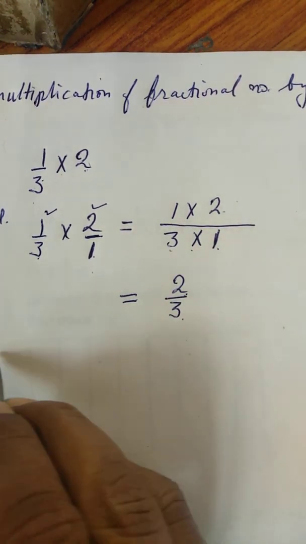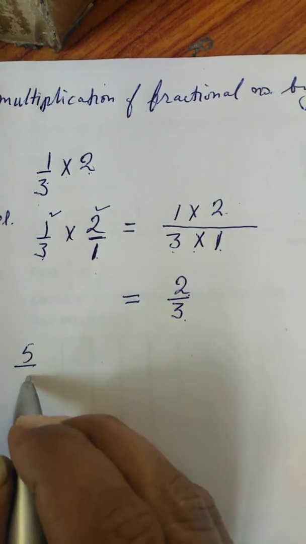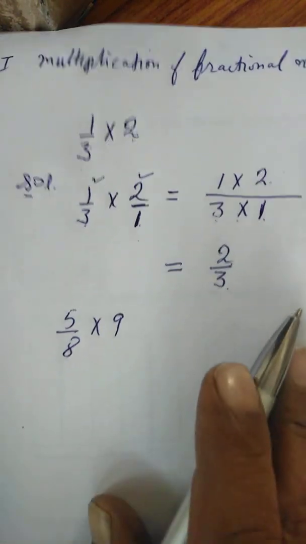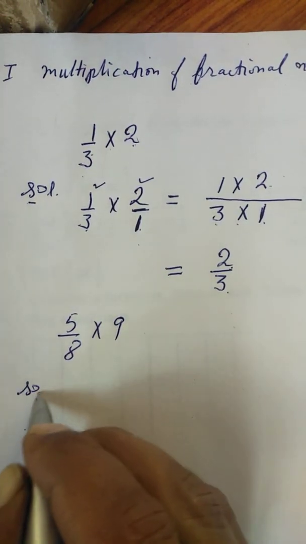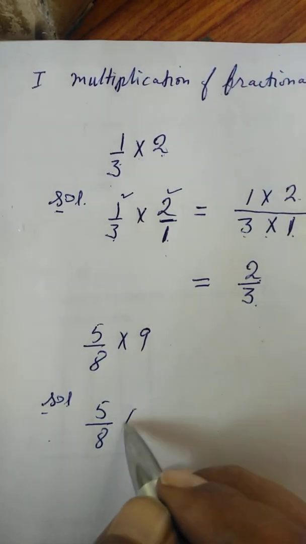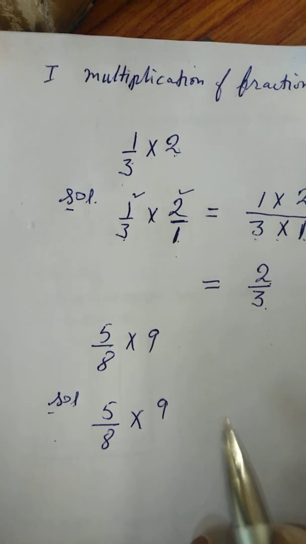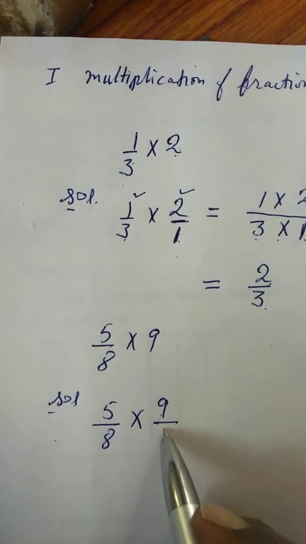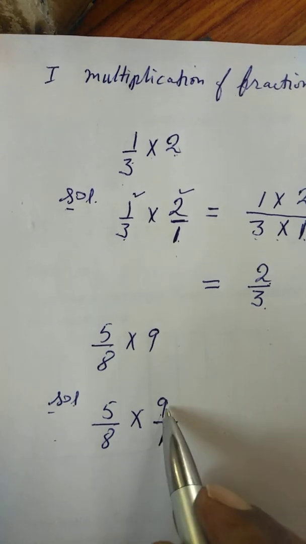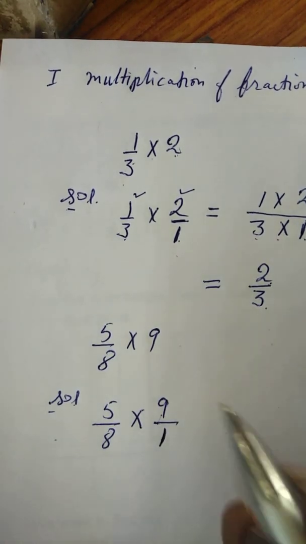I have another example, 5 upon 8 multiplied by 9. You will just write down the question again, 5 upon 8 multiplied by 9. It is a whole number, so every whole number has denominator 1. So write 9 as 9 upon 1.